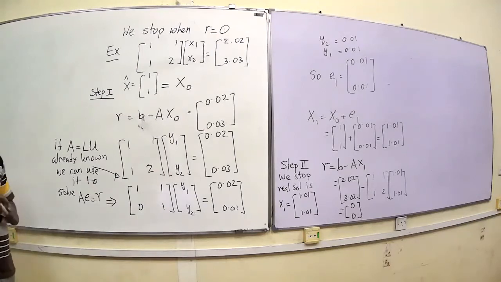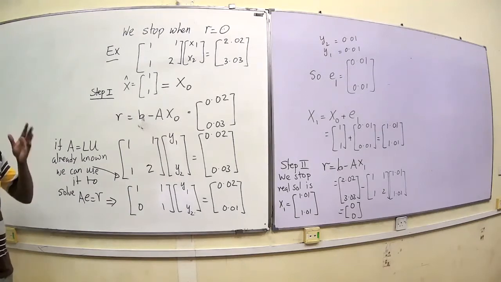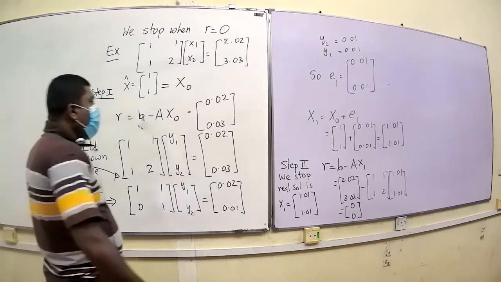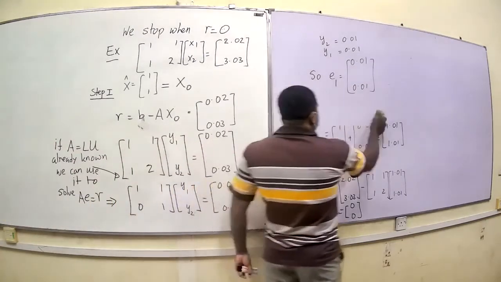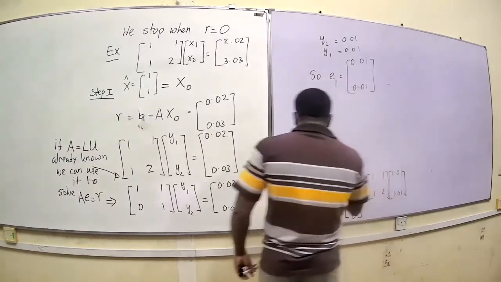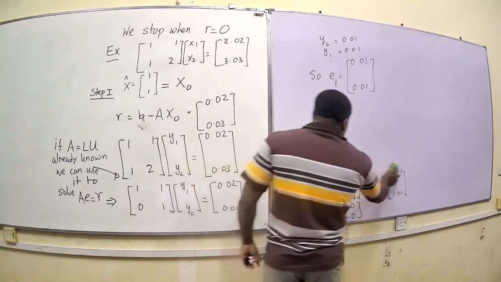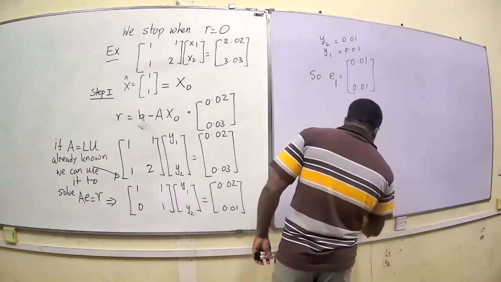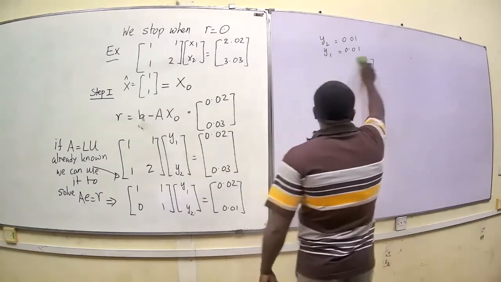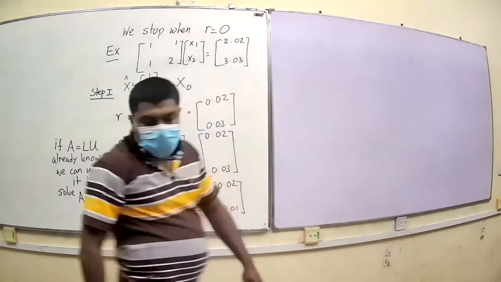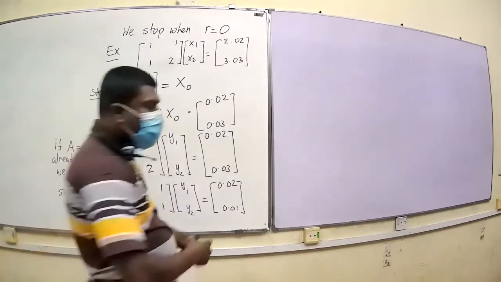You have to use something else to estimate the absolute value of a vector. That thing is called norm. So we are going to define a new terminology called norm, which in a way measures the size of a vector. So we call it vector norms.